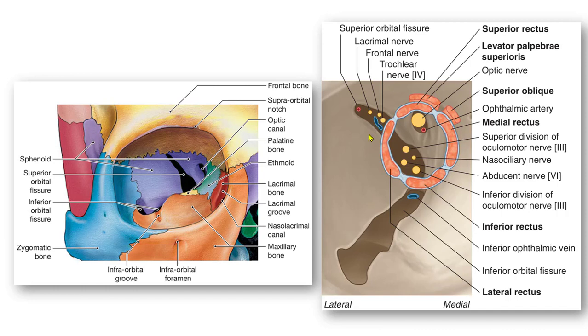Some of the extraocular muscles also have their origins close to this landmark, which we'll look at later on. The inferior orbital fissure, too, transmits several structures such as the infraorbital nerve and artery, which do not show in this illustration, and the infraorbital vein, which is a branch of the inferior ophthalmic vein.